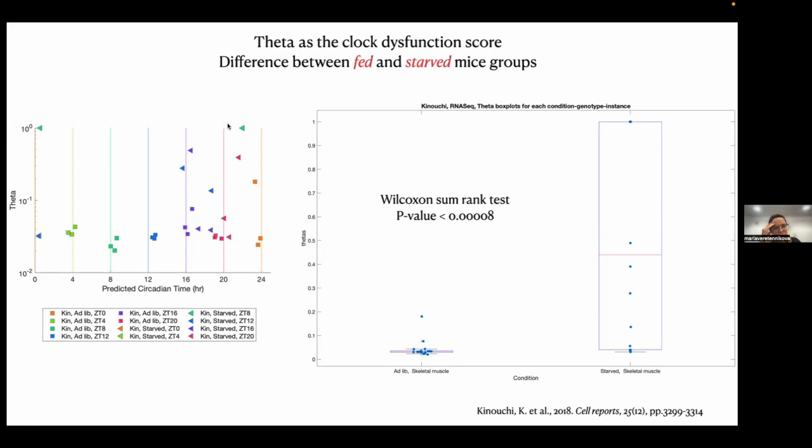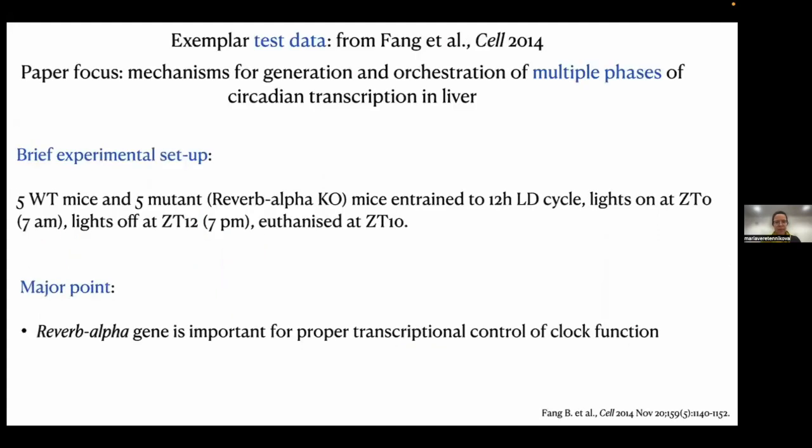On the y-axis you have the theta. You can see that the squares are the mice that are fed ad libitum, and they are generally lower than the triangles, which correspond to the mice that are starved. So that's one of the examples.